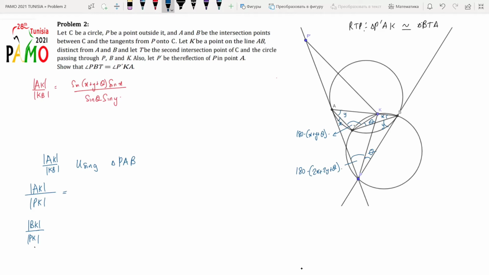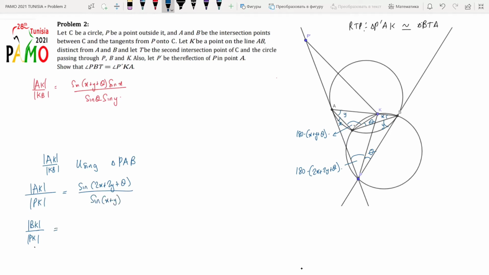So now we go around in triangle PAK. AK over PK is going to be equal to what? Sine 2x plus 2y plus theta all over PK is going to be what? PK is facing the angle x plus y.